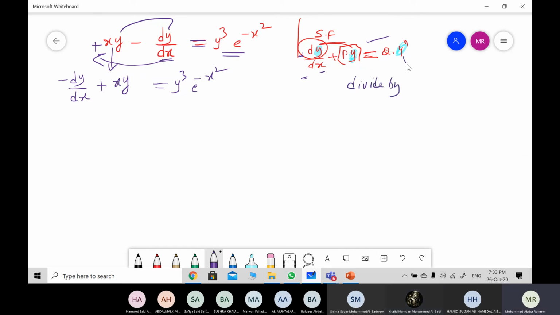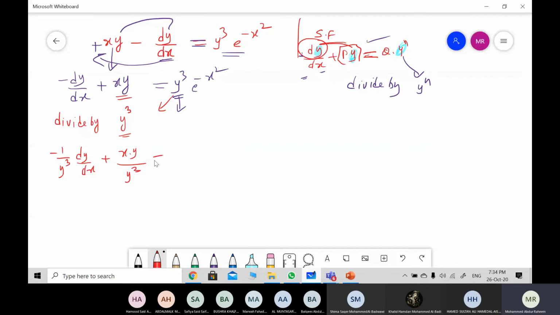Divide this one with y cube, and this one here cancels. y power minus 3, you send up, this plus will become minus.